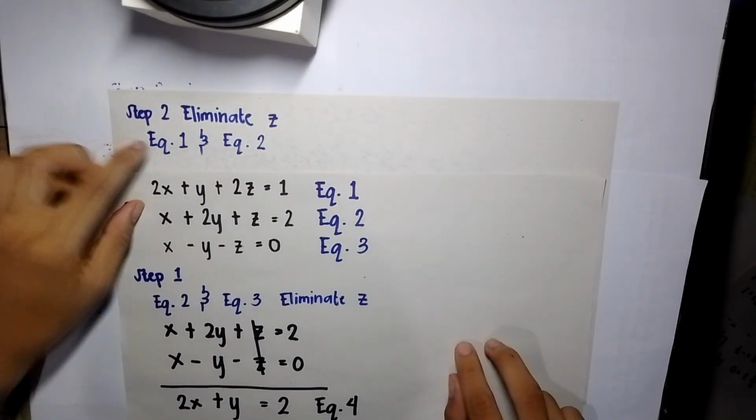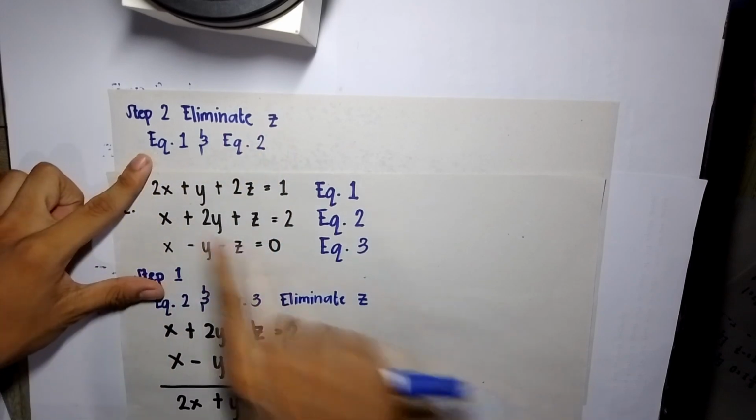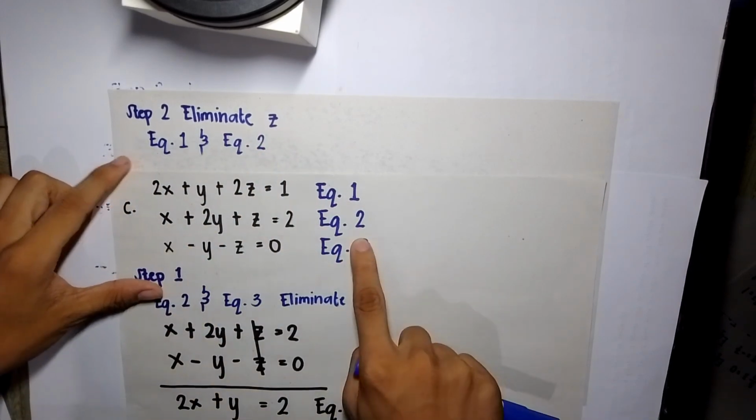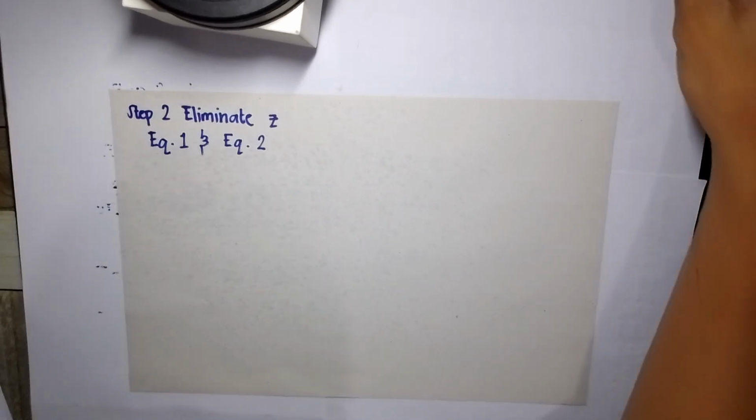Now the next step is we're going to eliminate z but using a different equation. The equation that we're going to use is equation 1 and equation 2.